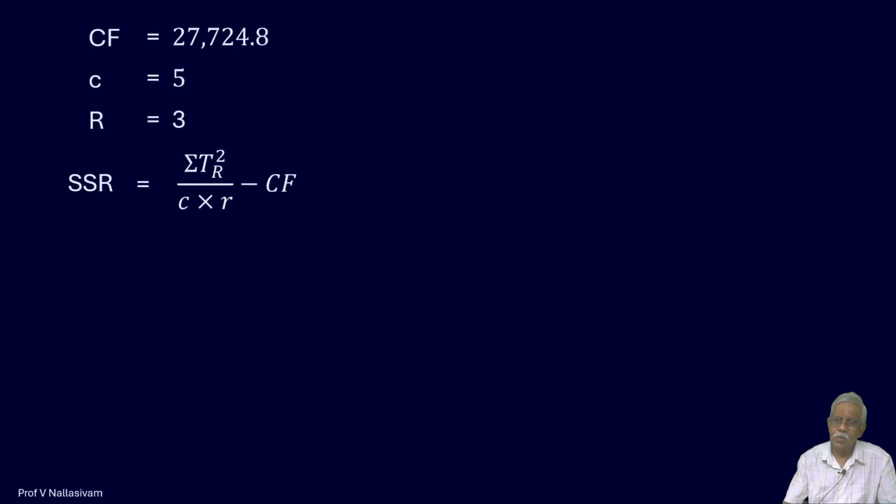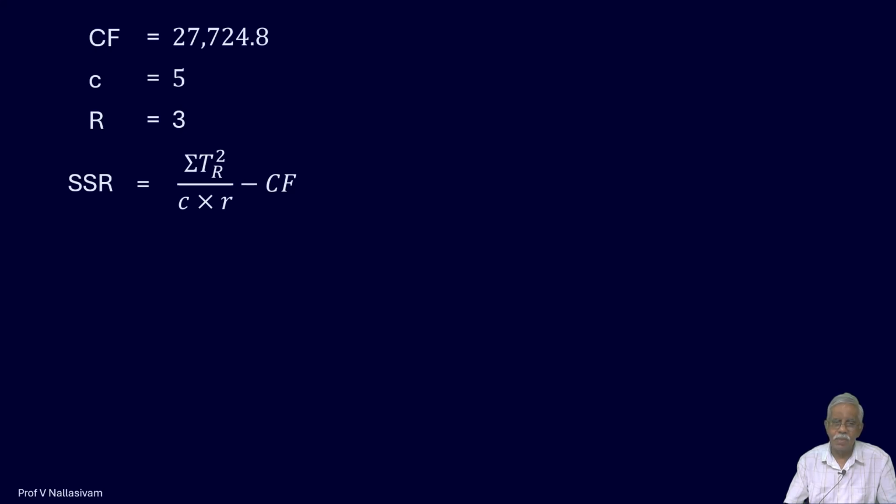For this, the formula we have to use is SSR equal to sigma TR square divided by small c times small r minus CF. We have the value of CF, it is 27,724.8, small c it is 5, small r it is 3.